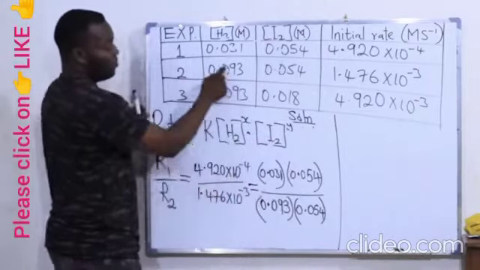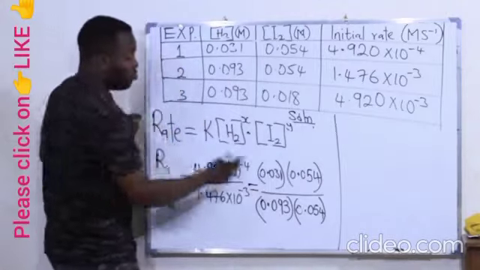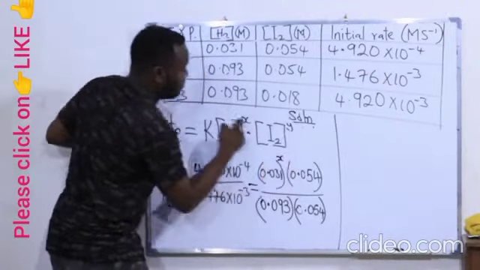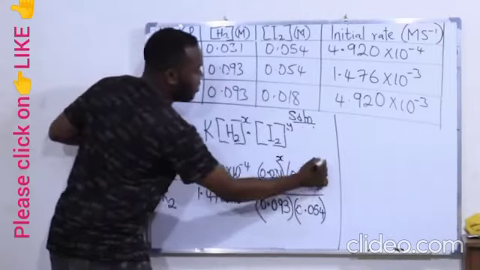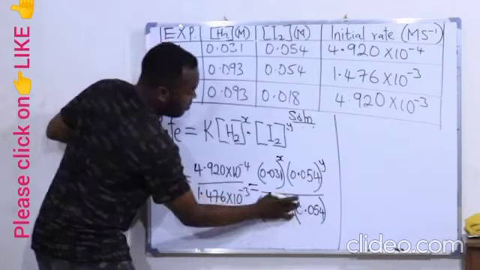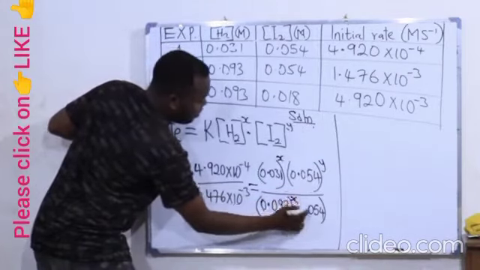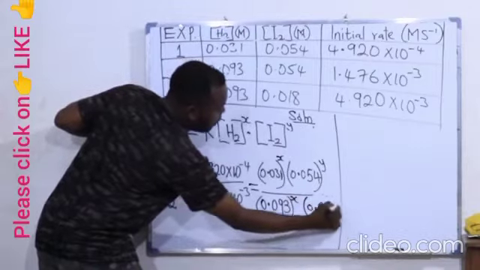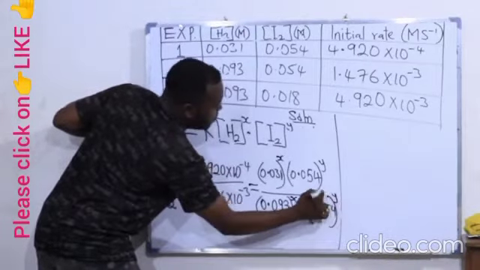So here is H, which is X. Here is iodine, which is Y. Here is H as well, which is X. And this one is my iodine, 0.054, which is power Y.